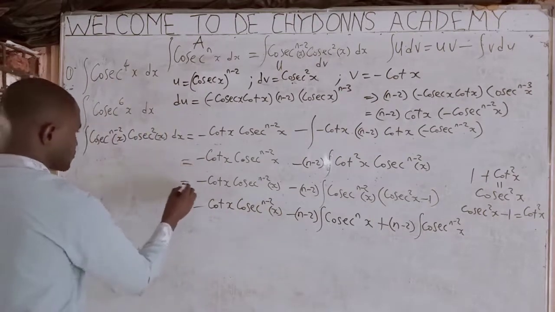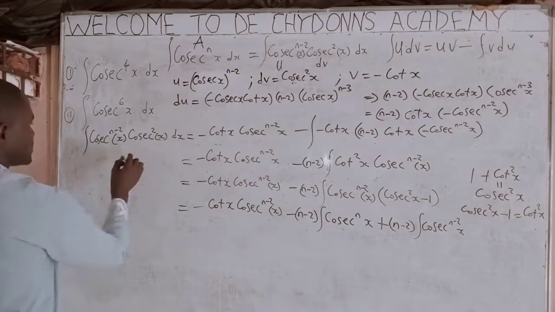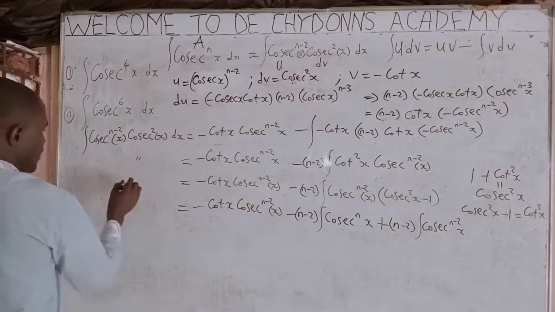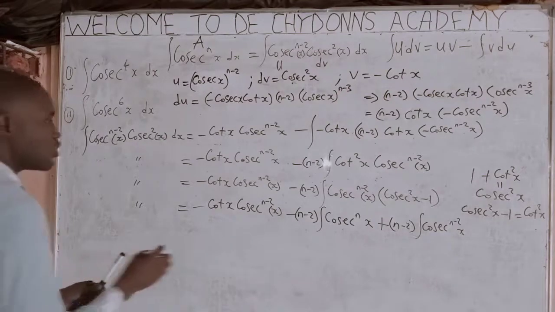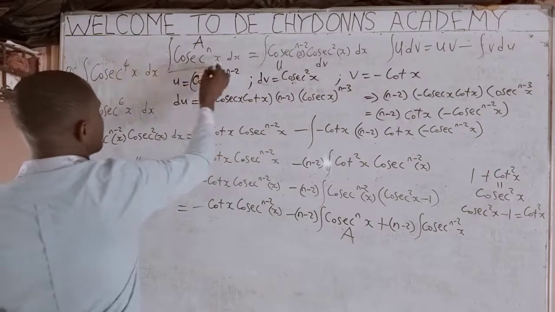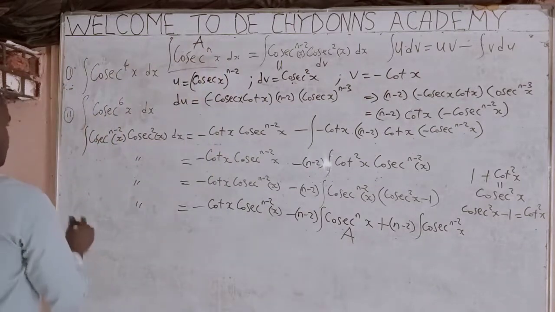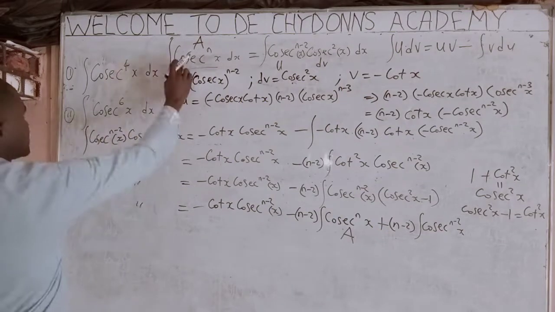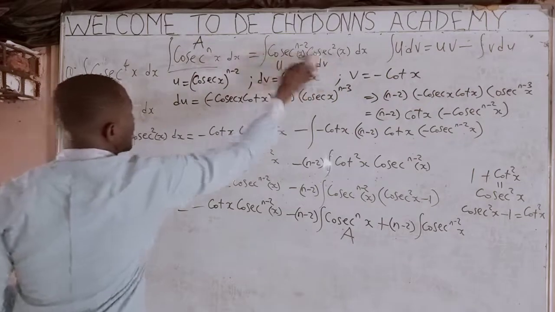So we have to write this here. We have to write it again. Then what we now do is that we call this our A, because we say let everything here be our A. Everything here means this.